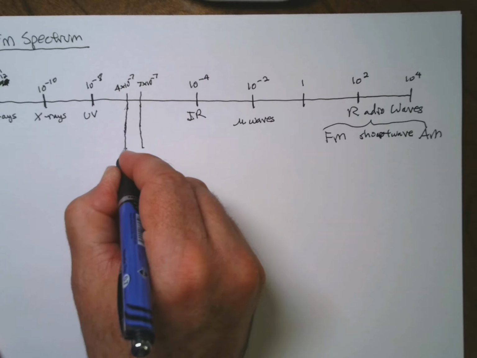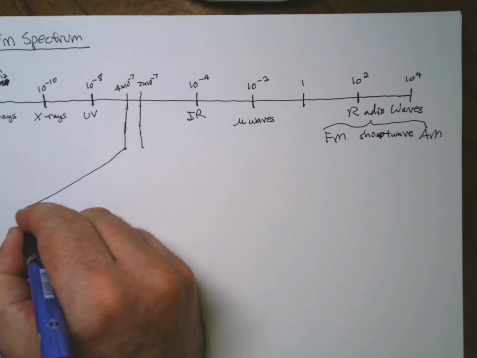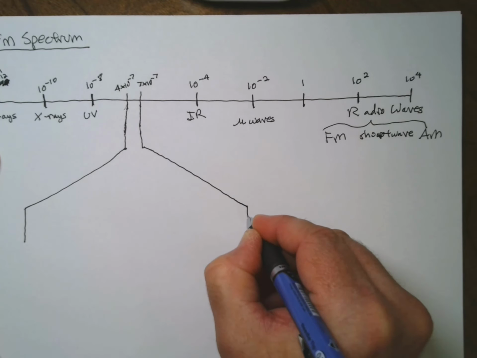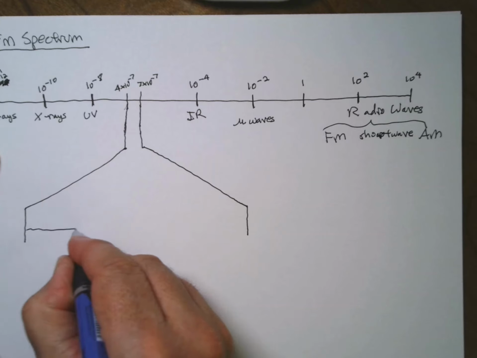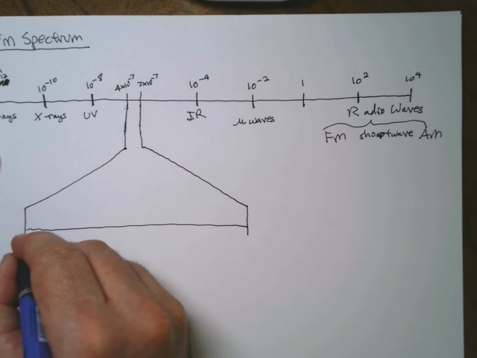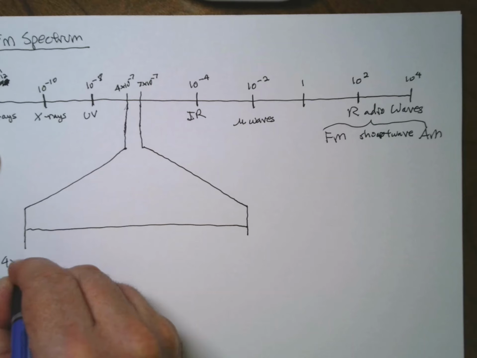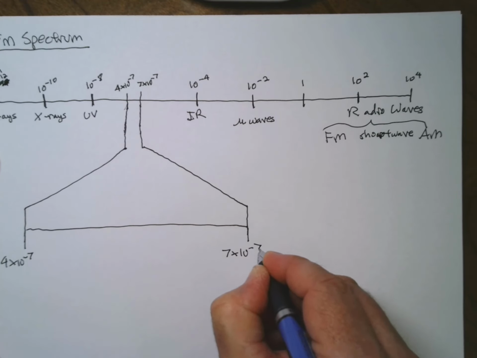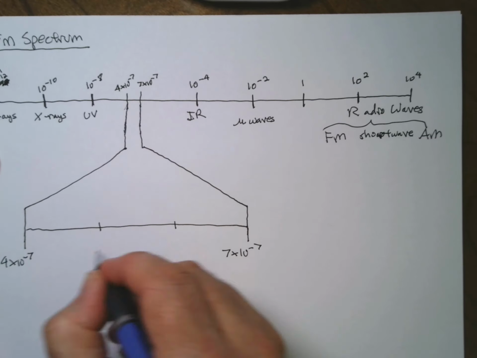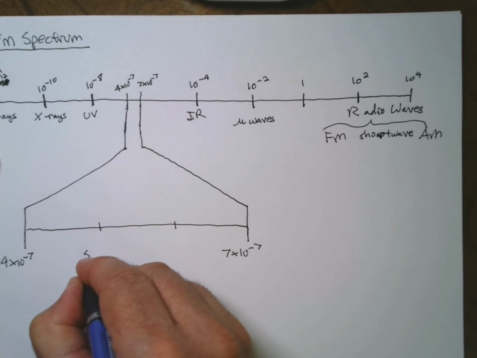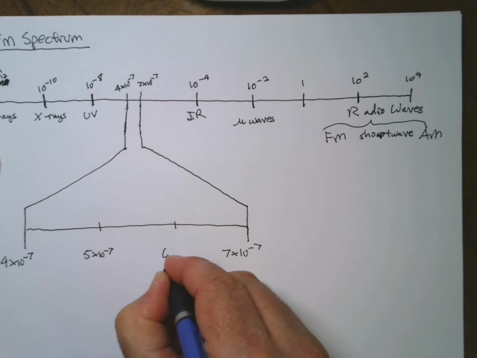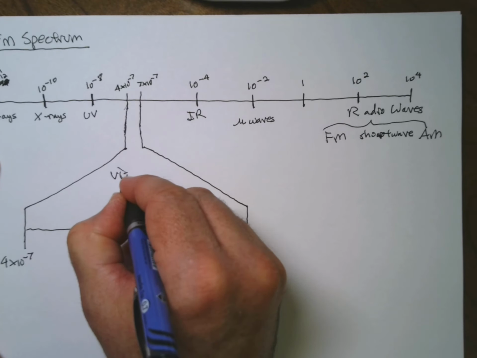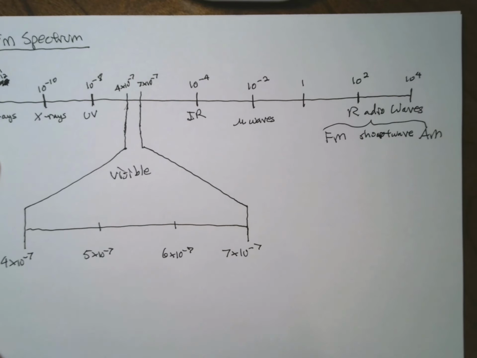Now let's look at our visible region. So I'm going to go ahead and expand my visible region. We have 4 times 10 to the minus 7 on one end, and 7 times 10 to the minus 7 on the other end, and then 5 times 10 to the minus 7 and 6 times 10 to the minus 7. And so this is our visible region here.